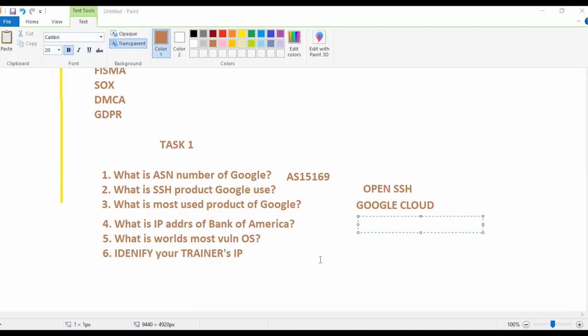How did you find these IP addresses? What did you guys do? There are three IP addresses in one pick. Which tool did you use?